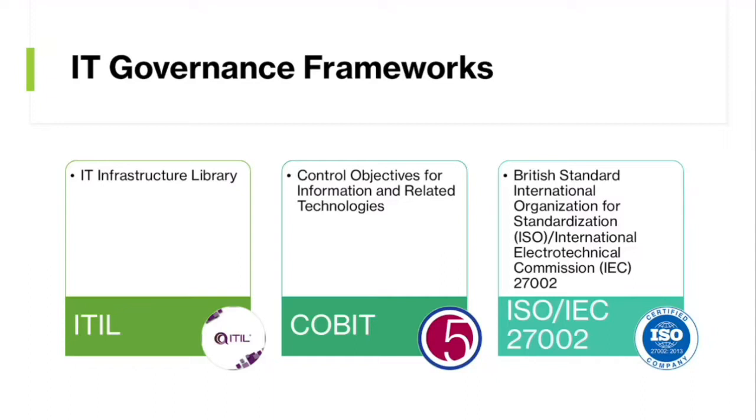Next, we have Control Objectives for Information and Related Technologies, that's COBIT, and the British Standard, International Organization for Standardization, ISO, and International Electrotechnical Commission, IEC 27002. So that's ISO/IEC 27002. These are three separate frameworks that we will go through one by one.